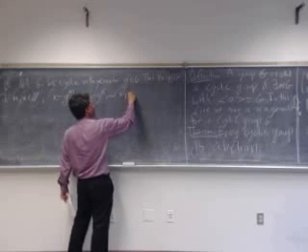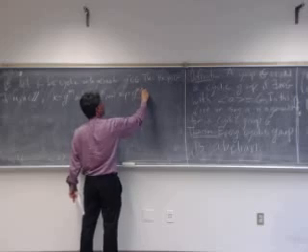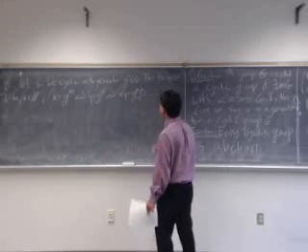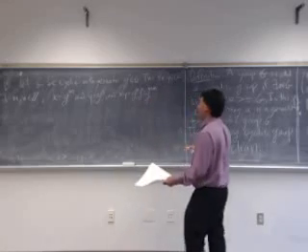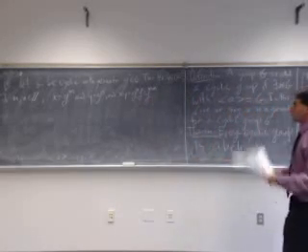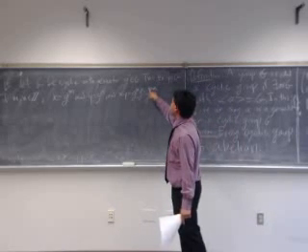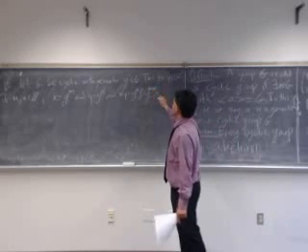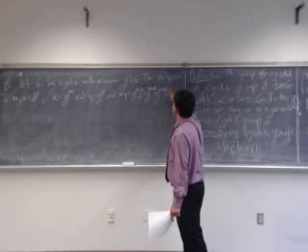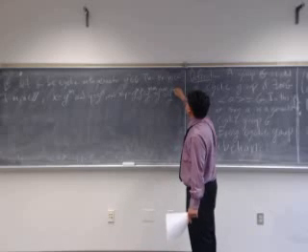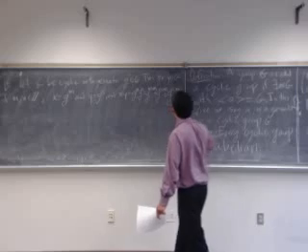And x times y is g to the m times g to the n. By the way we work with exponents in the group, the exponent is m plus n. This is ordinary addition, so this would be n plus m, which would take us to g to the n times g to the m, which gives us yx.